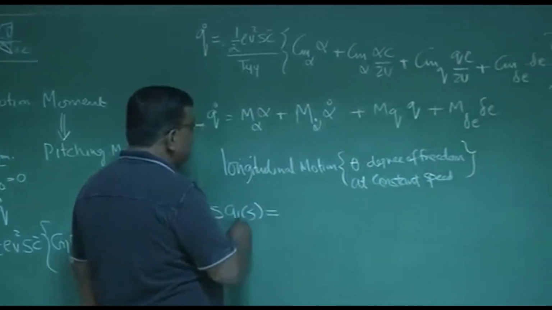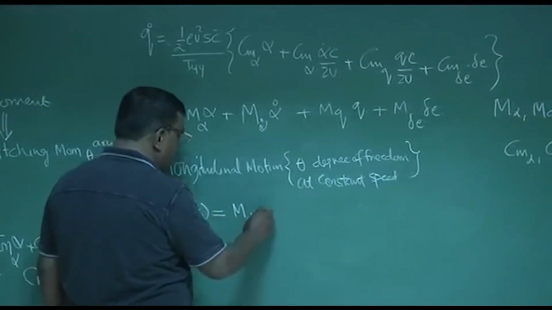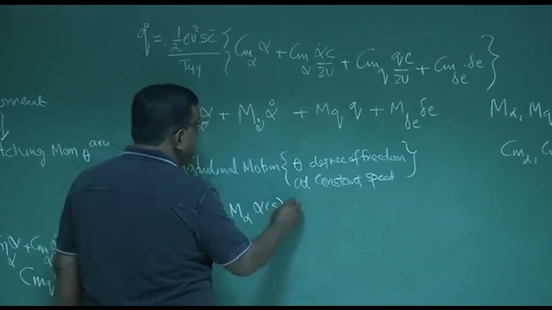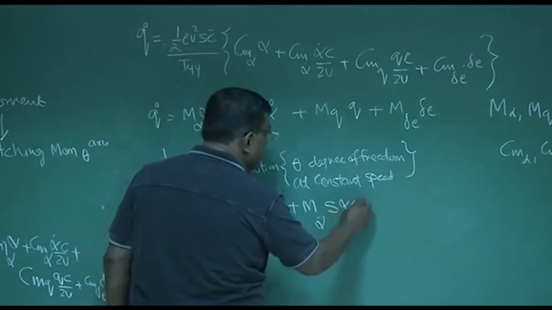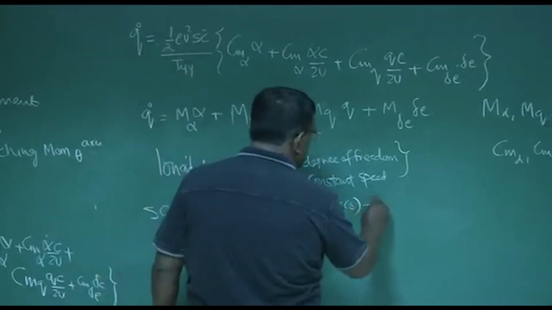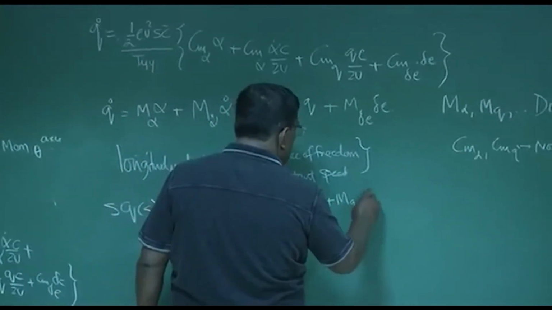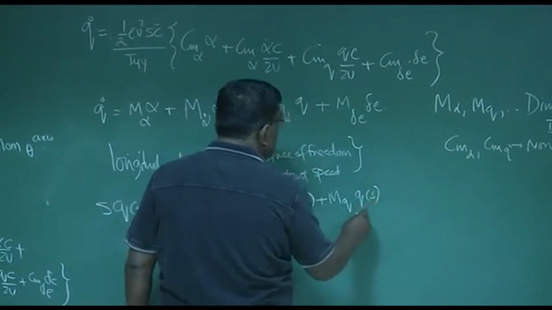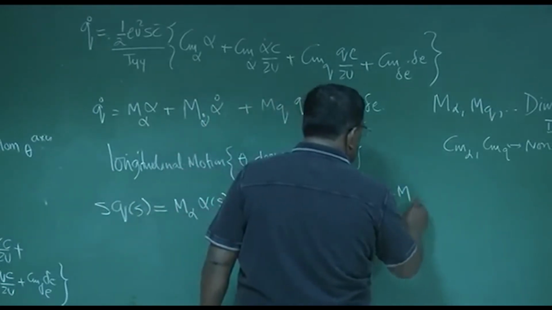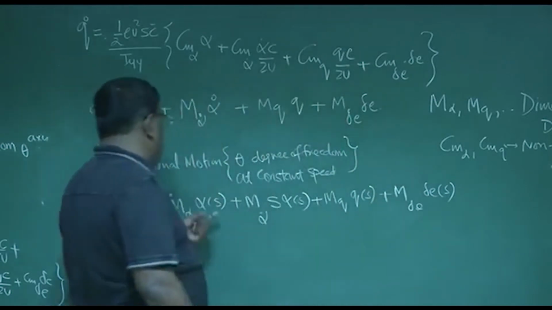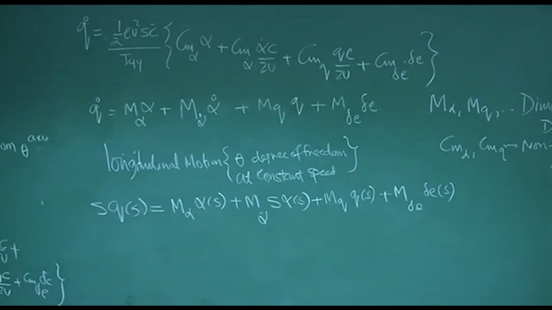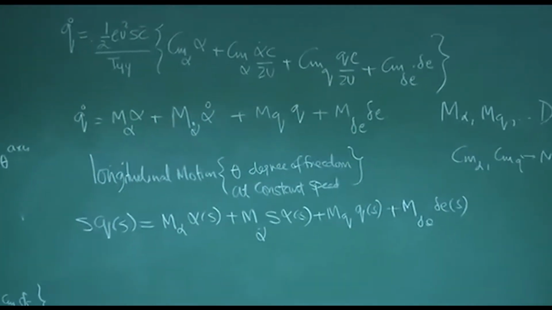So I write s Q(s) equal to m alpha into alpha(s) plus m alpha dot into s alpha(s) plus mq into Q(s) plus m delta E into delta E(s). And you know very well alpha(s) means the Laplace transform of alpha, which is in the time domain.